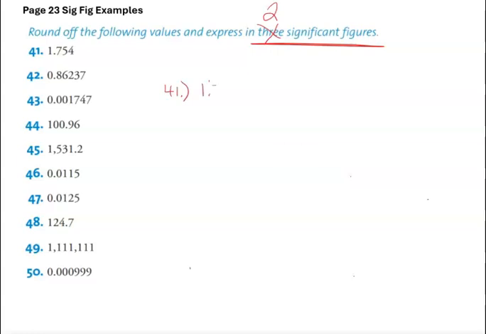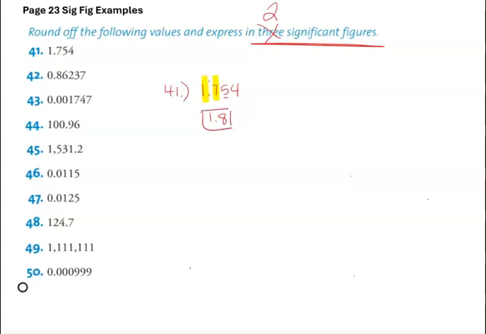So 1, 7, 5, 4. And we're only looking for 2 significant figures. So our first 2 numbers are going to be our significant figures, because those are both non-zero numbers. Well, now our 5 will make our 7 round up to 8. So our final answer is going to be 1.8.